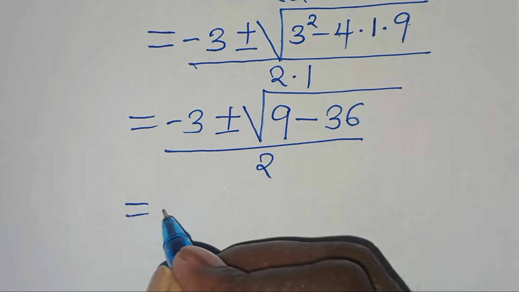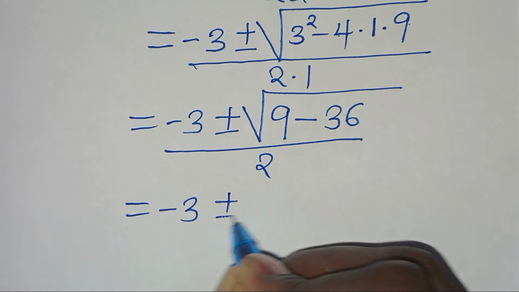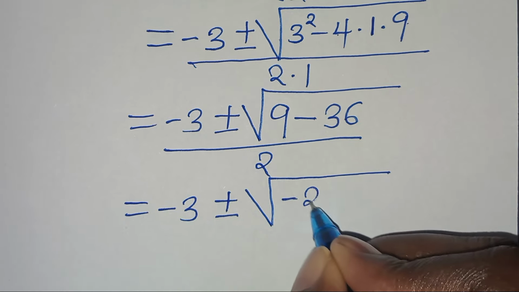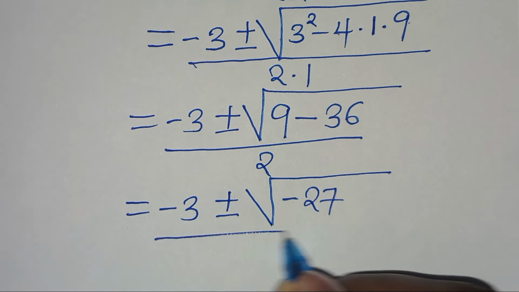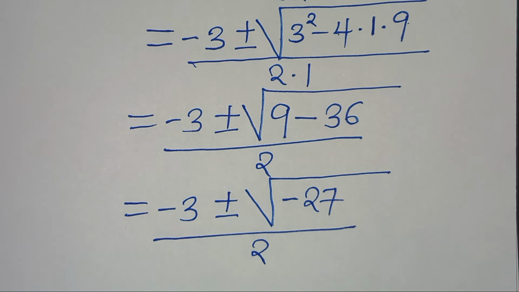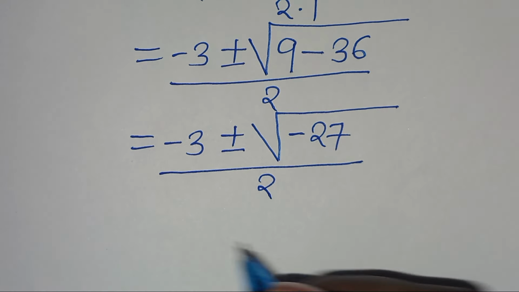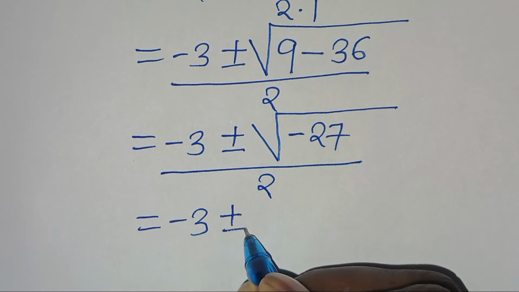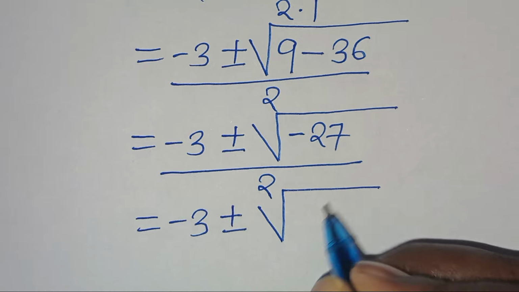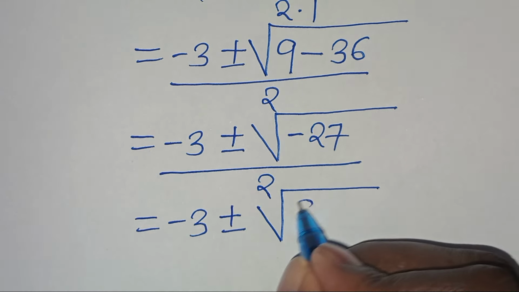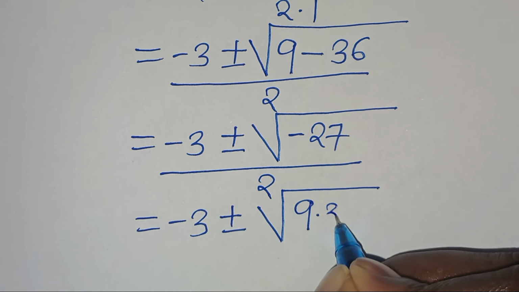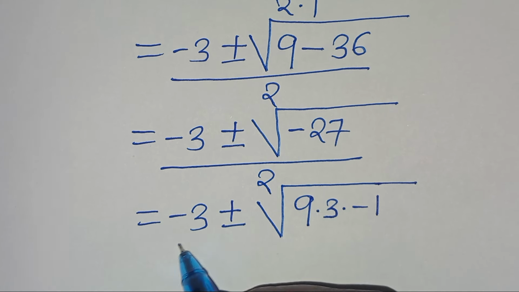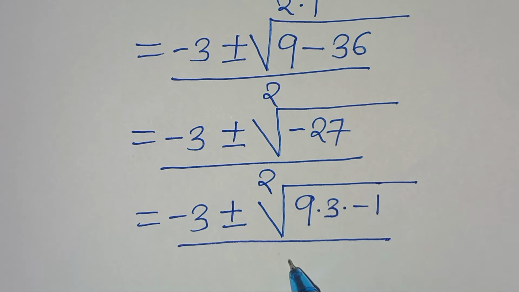So in this case, we have minus 3 plus or minus the square root of 9 minus 36. This is minus 27. Everything here divided by 2. And therefore, we have minus 3 plus or minus. We can express the square root of minus 27. This is 9 multiplied by 3 multiplied by minus 1, everything here divided by 2.